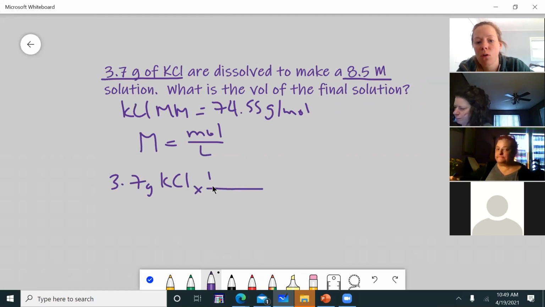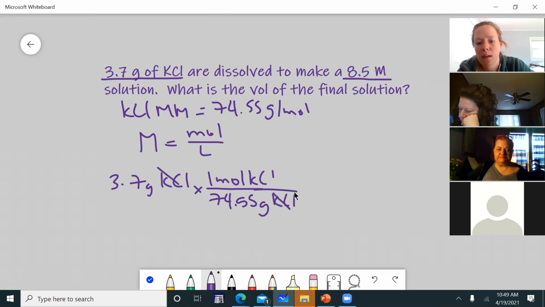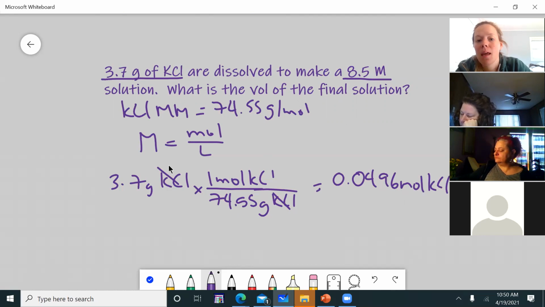If I want to convert that into moles, 1 mole of KCl, and I gave it to you right here, was 74.55 grams of KCl. So we need to divide it by its molar mass. We get a small amount, 0.0496 moles of the KCl.